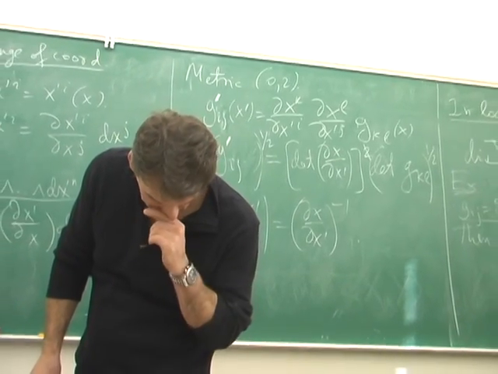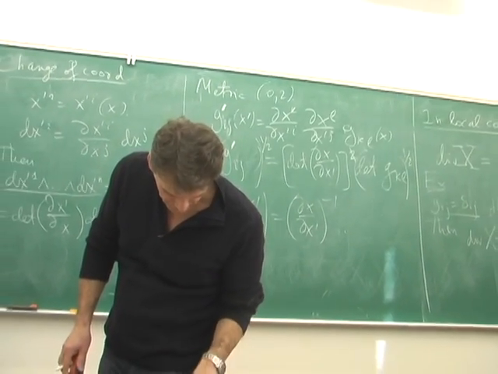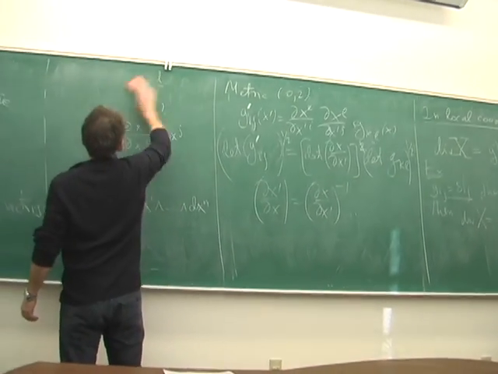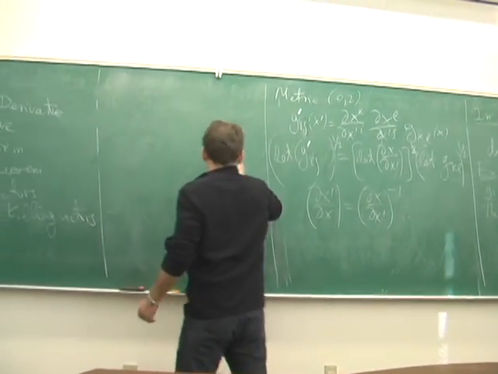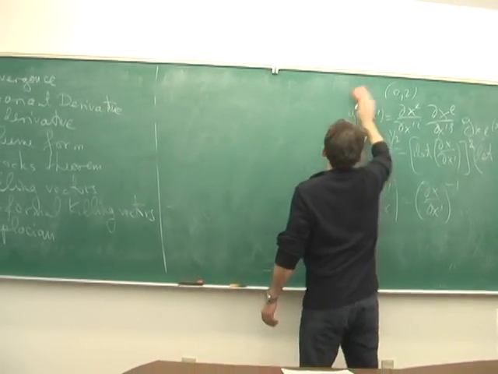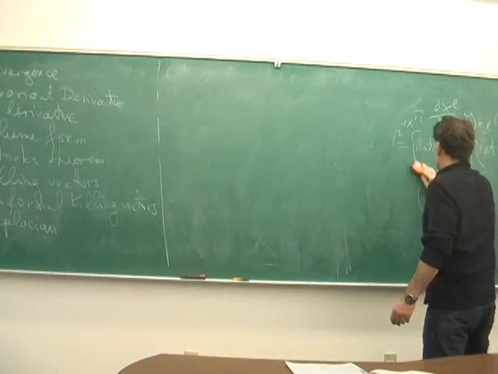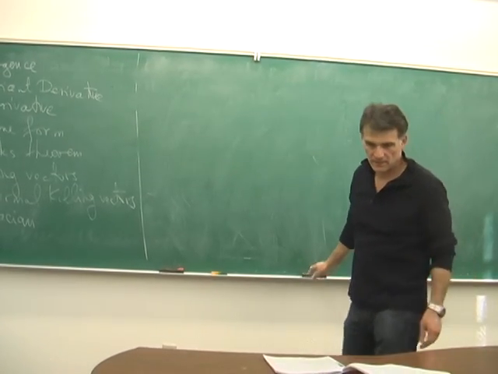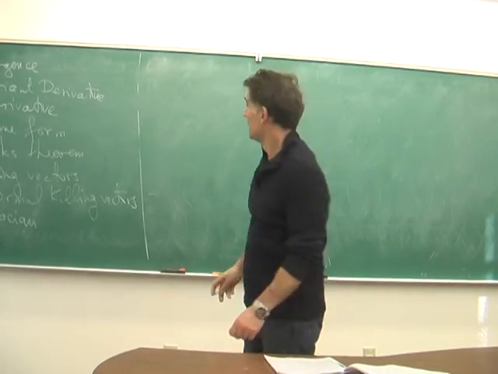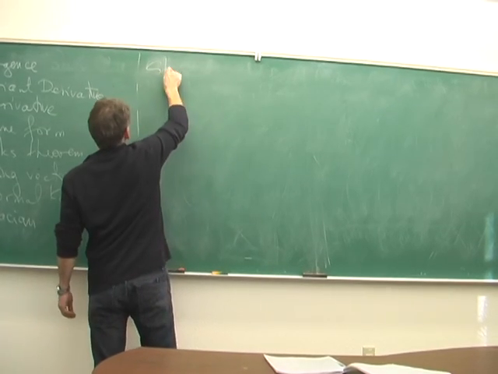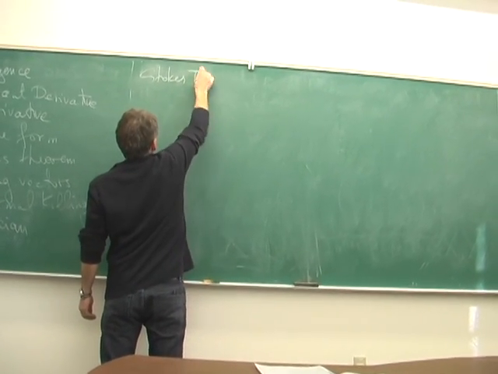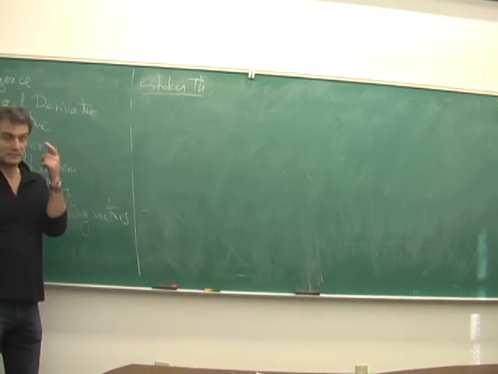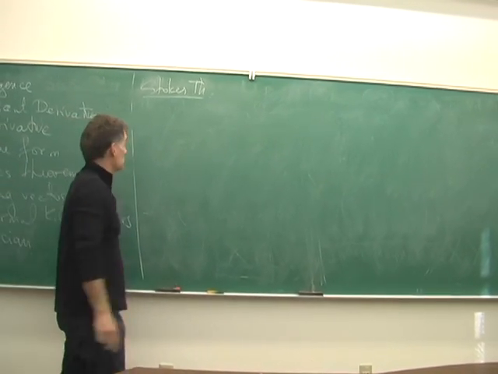Okay. Local formula. Now, let me remind you. Well, I want to write a divergence theorem, which is an integral. Well, the general Stokes theorem, those of you who haven't seen it, you'll see it in geometry, which is coming.